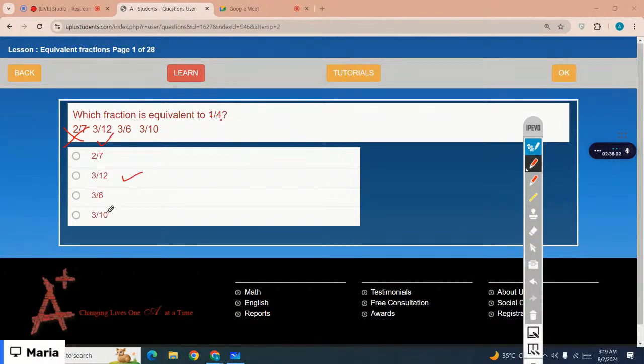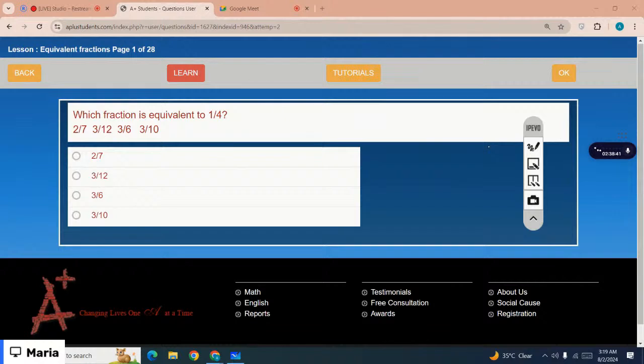Yes, option number 2 is the correct option. 3 over 12 is the equivalent fraction to 1 over 4. So the correct option is option number 2, that is 3 by 12.